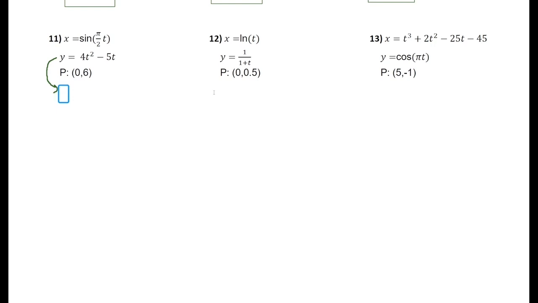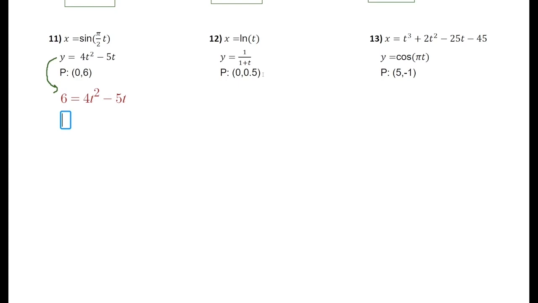We'll see. So y equals 4t squared minus 5t. And we want the y coordinate to be 0. We're trying to find at what time is the point, or whatever the object is, at 0, 6. So that's going to be 6. So this is going to be a nice little quadratic here.